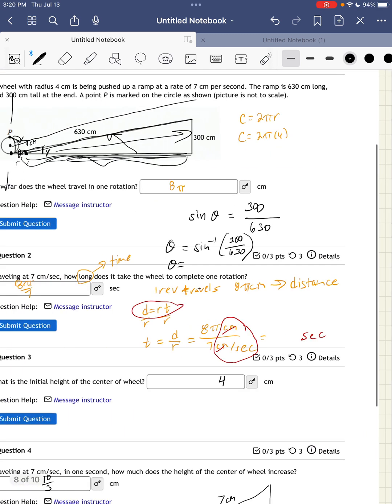That equation gives us exactly where this point is, and it gives us the height of that point at any moment as it's going up the ramp, and then all we have to do is add the height of this ramp, which would be one line there. And then we will have the complete height of the point on the circle going up the ramp.